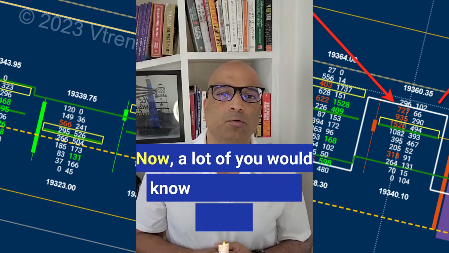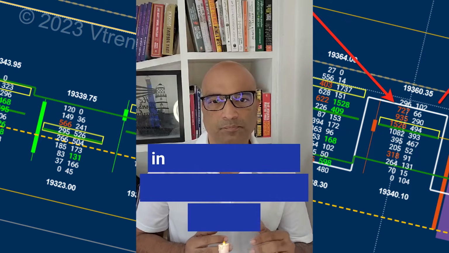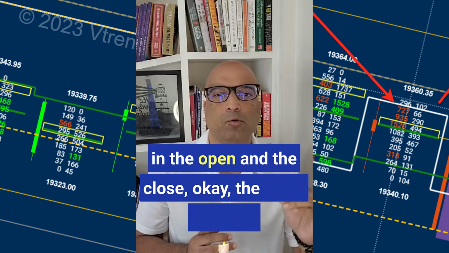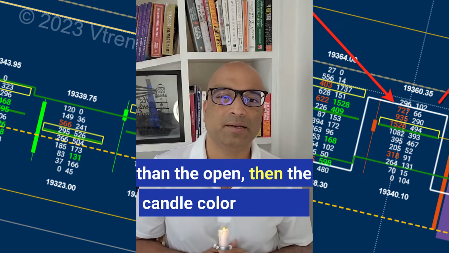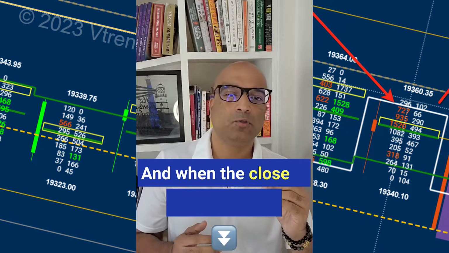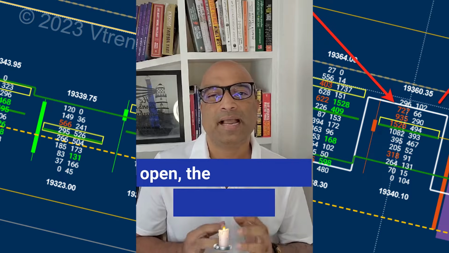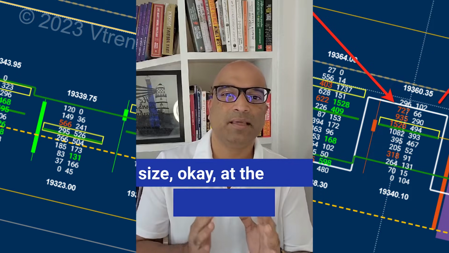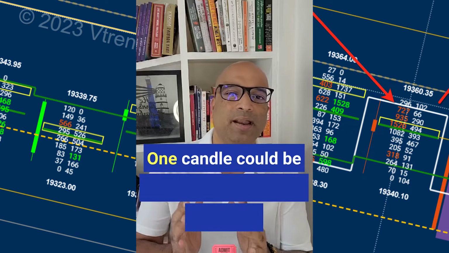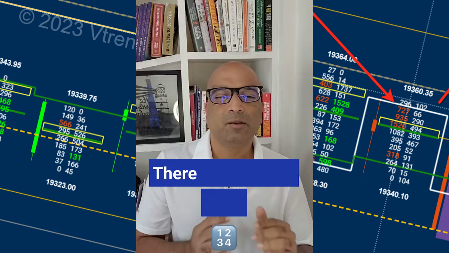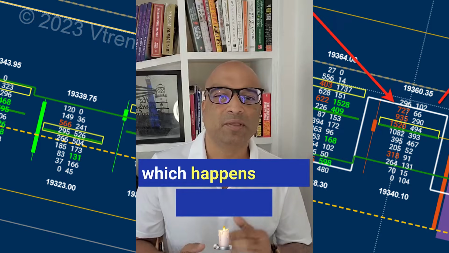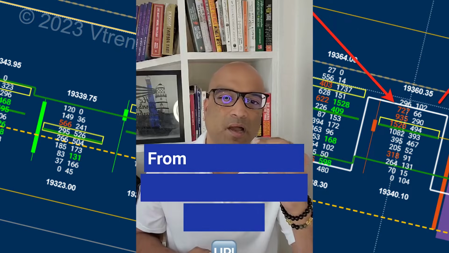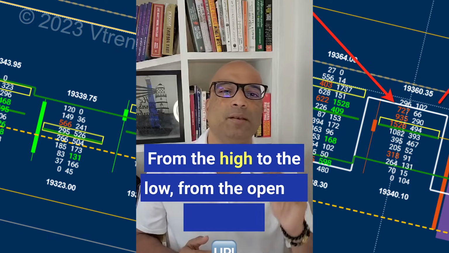Now, a lot of you would know that when the close is higher than the open, then the candle color is green, and when the close is lower than the open, the candle color is red, right? And it could be at the same size, at the same place, but one candle could be red, one candle could be green. But there is a lot more math which happens within that candle, from the high to the low, from the open to the close.